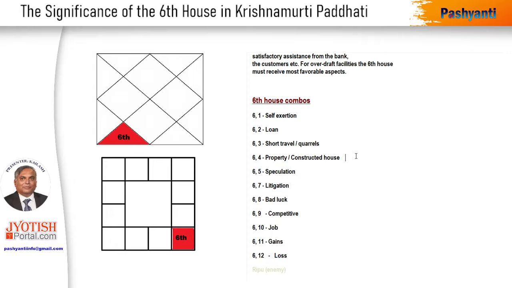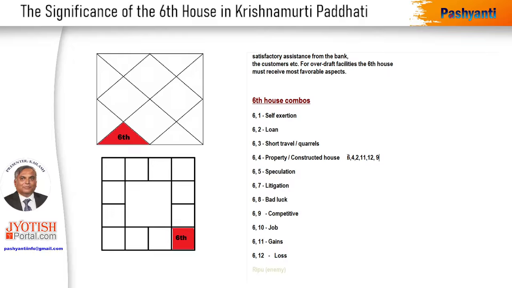If you look at a combination like this, now here also you see the sixth house is there, but what does this combination indicate? Simply said, it indicates that the person is going to acquire some property.